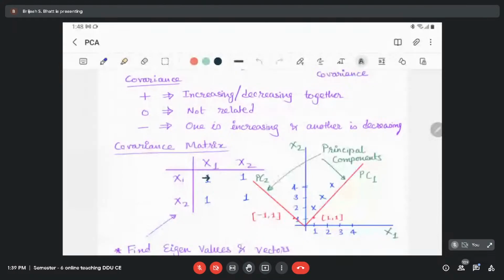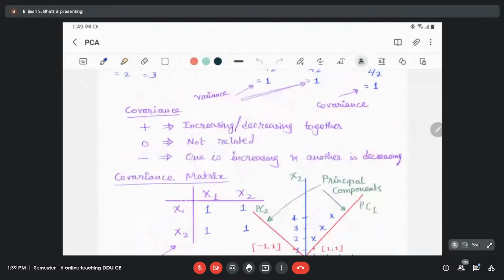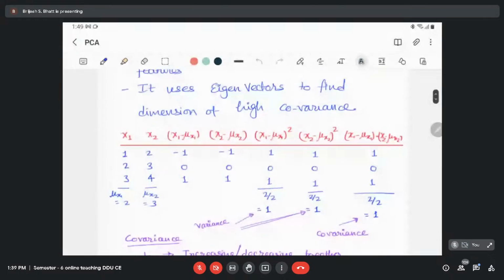Right? And then if you look at the second element of the first row, then we have covariance between x1 and x2. In our example, it also turns out to be 1, but it can be different also. Right? Now from where do we get this value? We get this value as per this table.